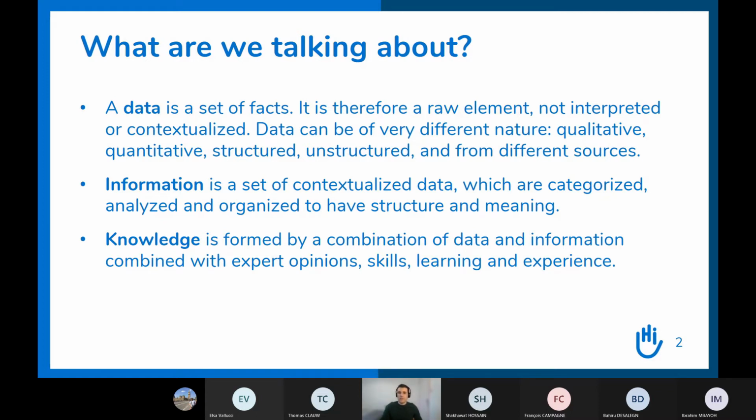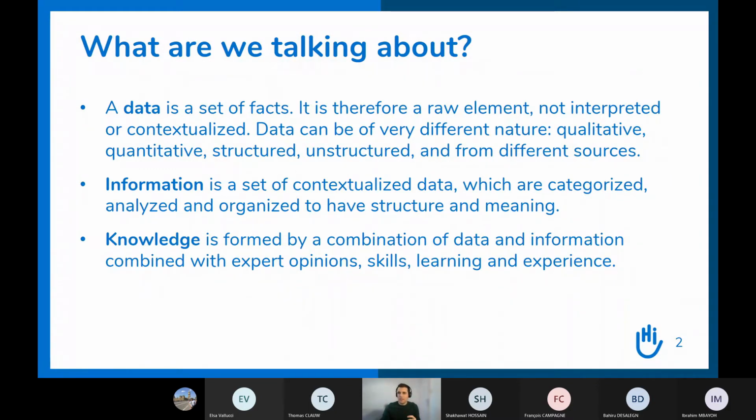So structured, usually it means that it's in a table, it's in a database, or unstructured, it's just in a set of information, of data that you are going to pick, but not necessarily very well organized. And it can come from different sources. You can have, obviously, data that you are going to collect yourself, but you can also pick data from other sources. So really data, it's the more unitary level.